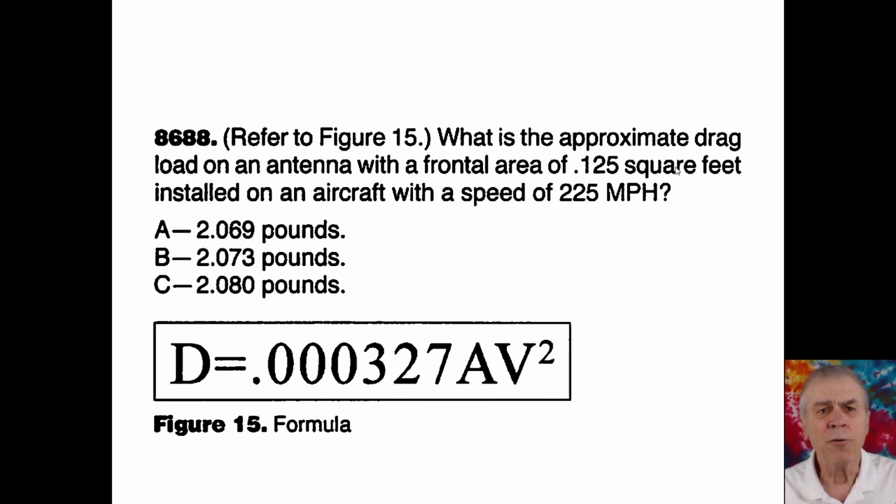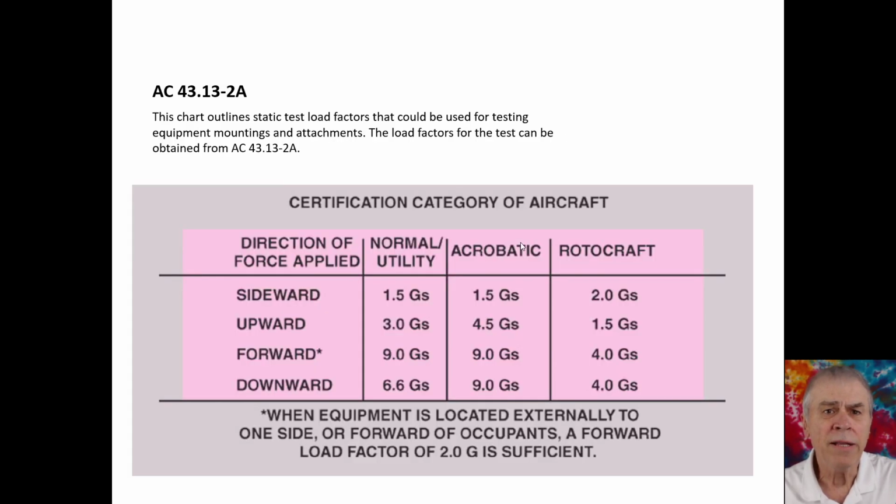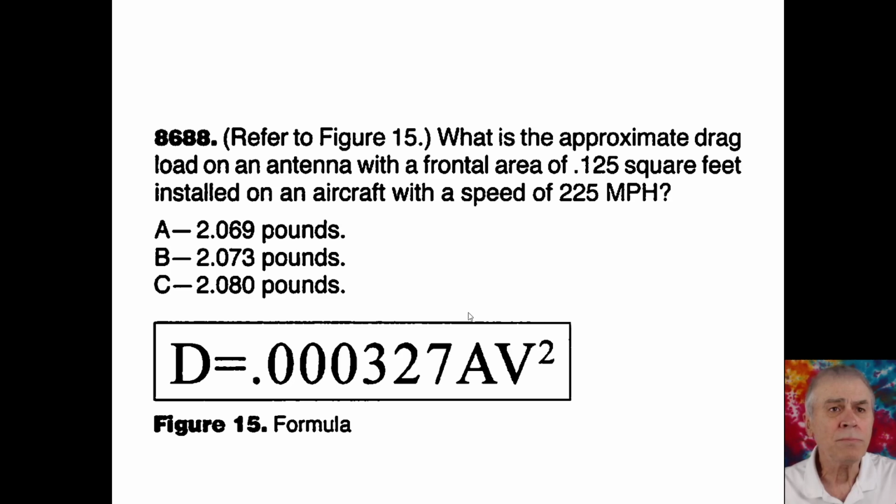This is the standard problem that you'll see. It's somewhat tied into what we just saw, but this is the equation, and the equation is actually given. D is going to be the drag.